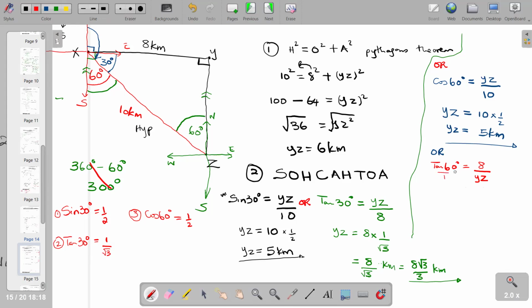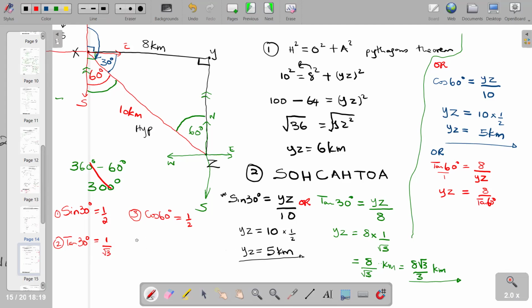When we cross multiply, because we want to make YZ the subject of the formula, YZ is equal to 8 divided by tan 60 degrees. Then check from your special triangles: tan 60 degrees is root 3.